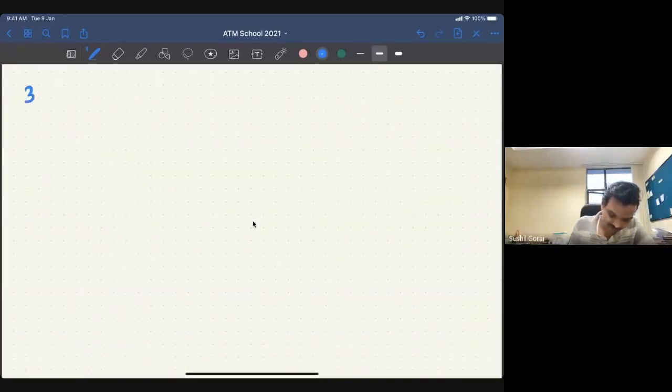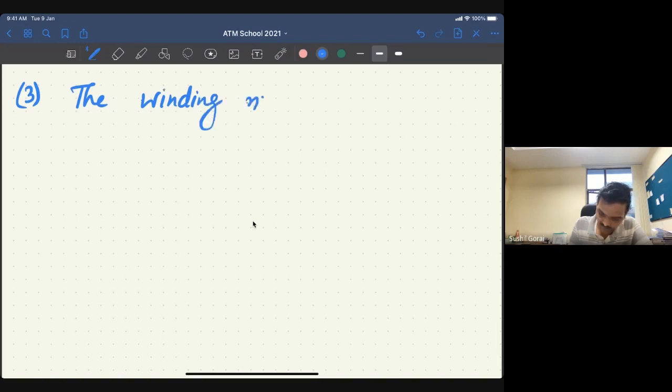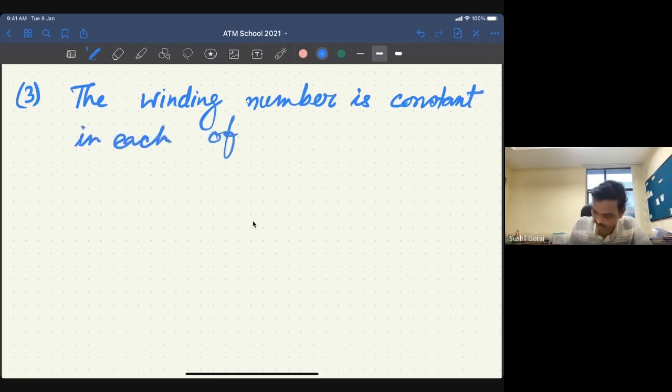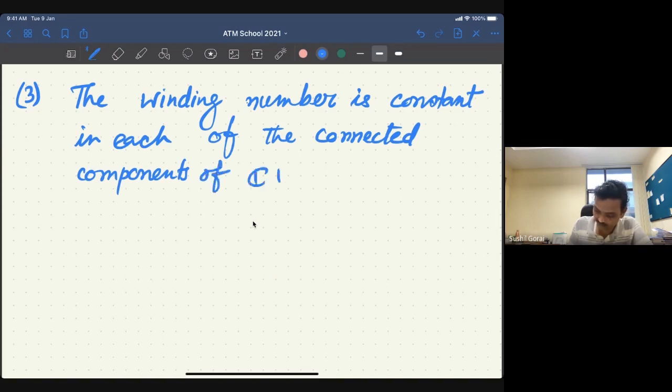So the third one. The first property is well, let me put it in this way: the winding number is constant in each of the connected components of C minus gamma.